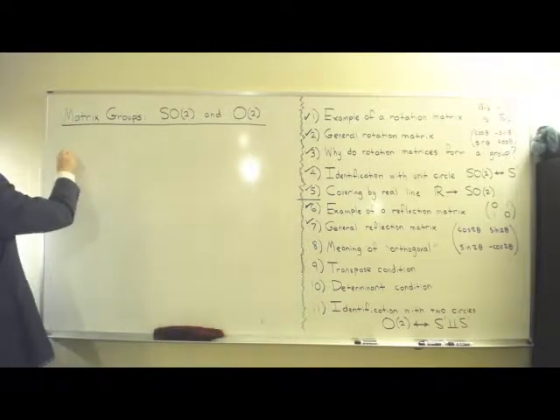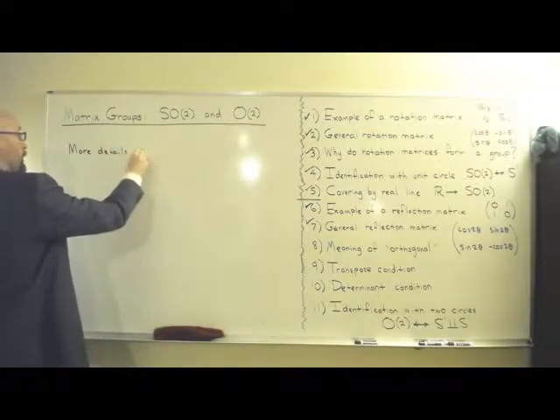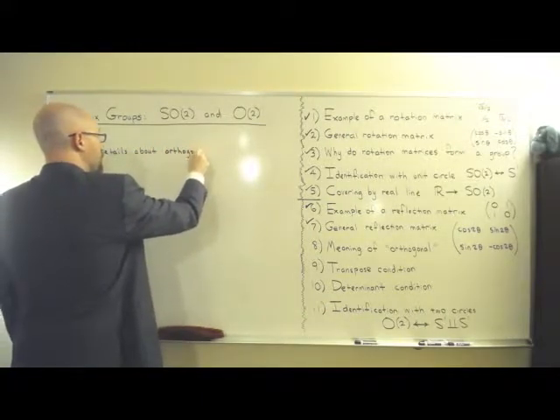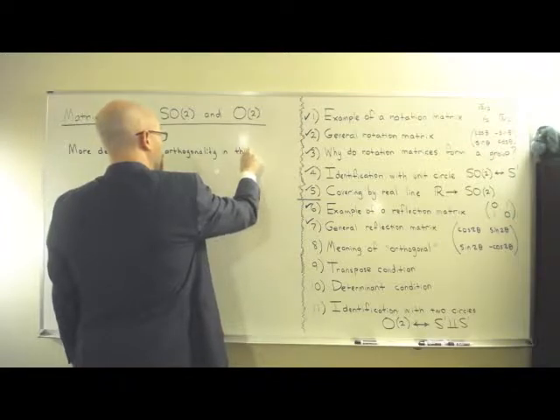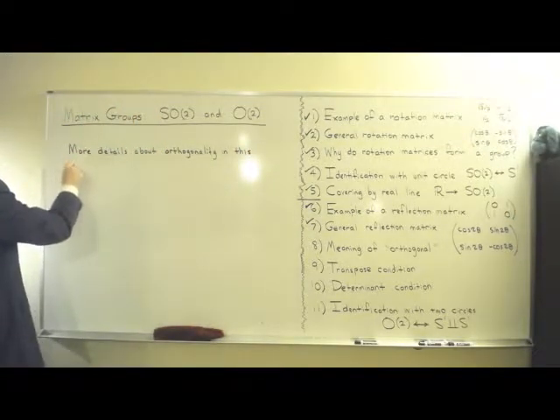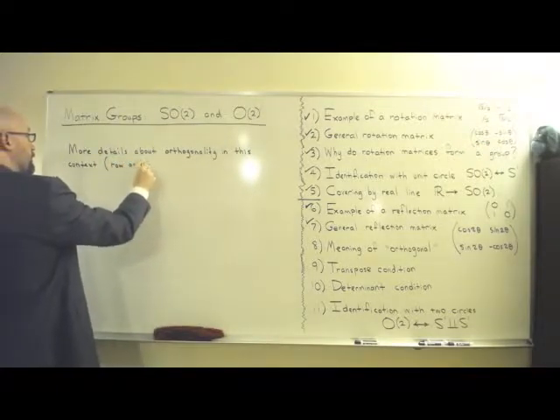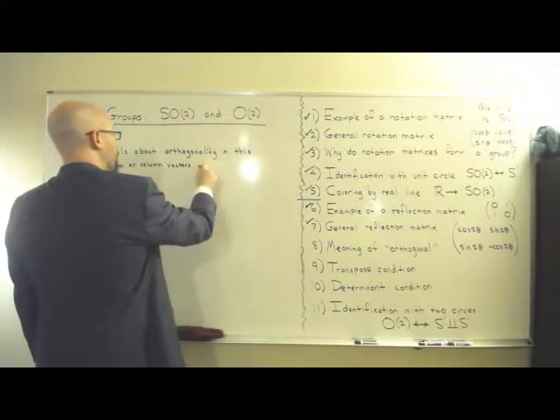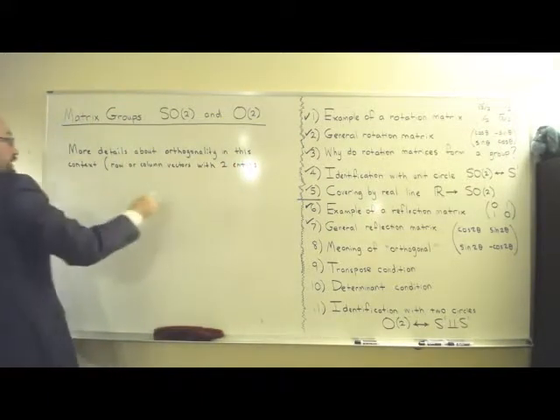So this is more details about orthogonality in this particular context, which is row or column vectors with two entries. And we're using the dot product.